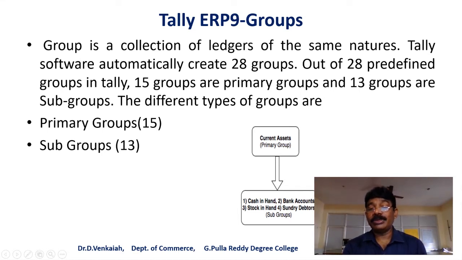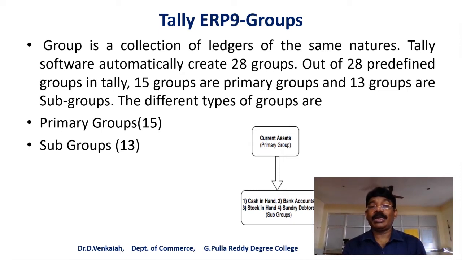Under bank accounts, I can create one group called Punjab National Bank group. Under that, I can create the ledger accounts of different branches. So Tally automatically creates 28 groups. In that, 15 are the main groups, 13 are the subgroups, and there are 2 ledgers.